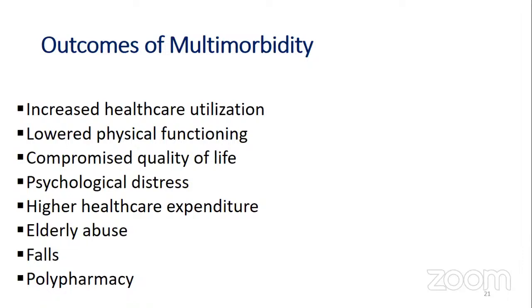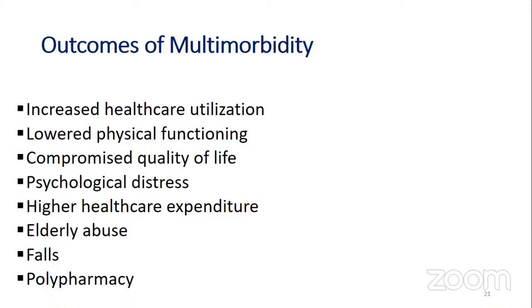Outcomes of multimorbidity. So this is all what we talked about: the prevalence, the importance of multimorbidity, and how multimorbidity research evolved in India. But what are the outcomes of multimorbidity, why is it important, and what could it lead to? Multimorbidity could lead to increased healthcare utilization, as frequent visits to the doctor and physician are required, along with long-term use of medicines and continuous laboratory investigations.